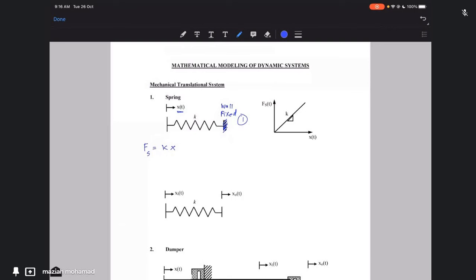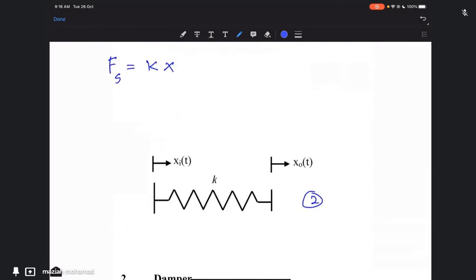For the second scenario here, you can see that both ends have a displacement. One end has xi, where i is normally known as the displacement input, and then o or naught is what we call the output.